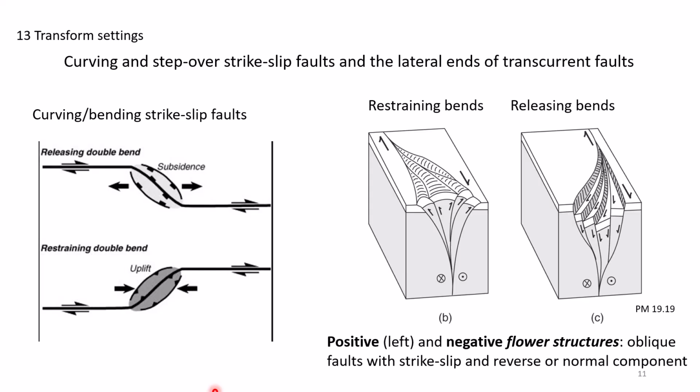The structures that form in such situations are shown here in block diagrams. The restraining bend that we see here at the bottom in map view looks like that.